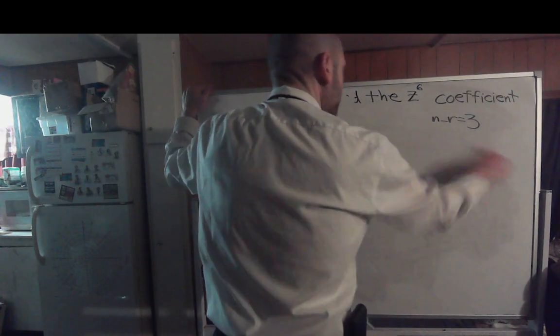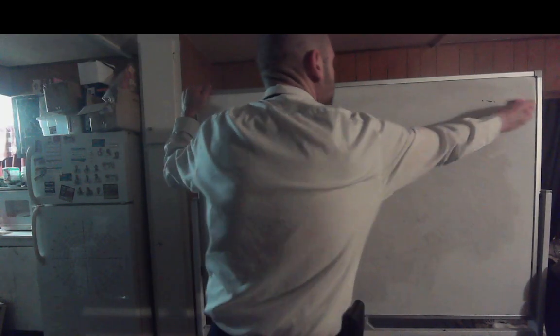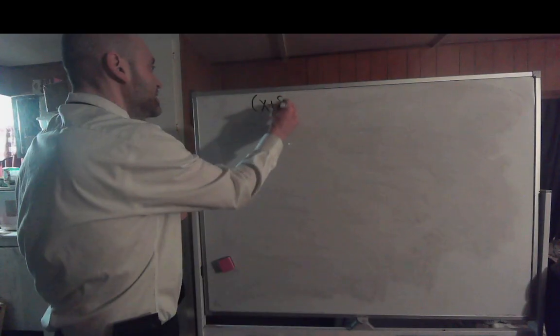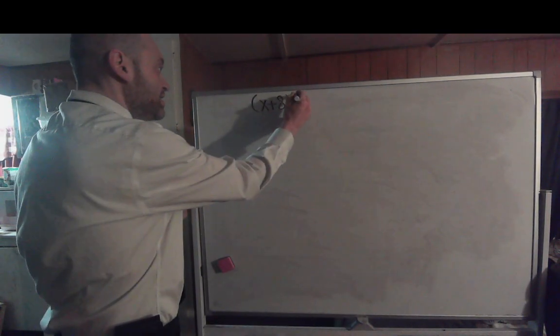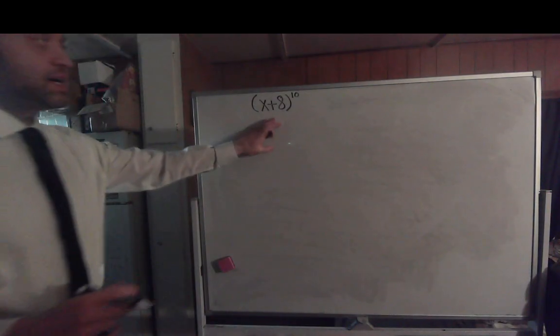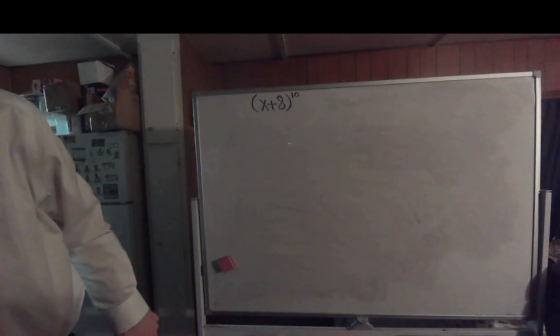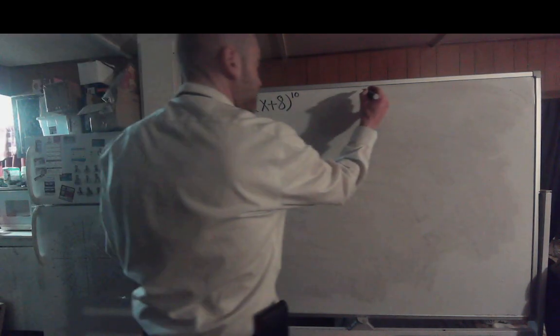So that we do slightly differently than just finding a coefficient. So let's say we have the quantity of x plus 8 raised to the 10th power. So we have x plus 8, that quantity raised to the 10th power. And they want us to find the 4th term.